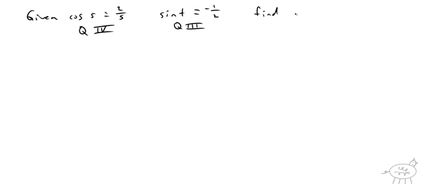So given cosine of S equals 2/5, and we're in quadrant 4, and sine of T is equal to -1/2, and we're in quadrant 3, I want you to find sine of S plus T, cosine of S plus T, and tangent of S plus T. All a little review. Very, very good.